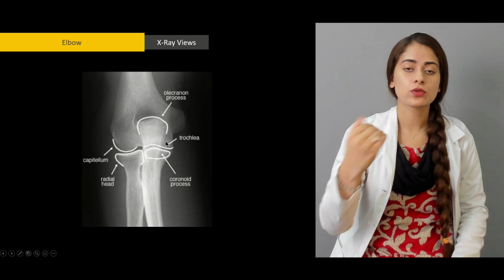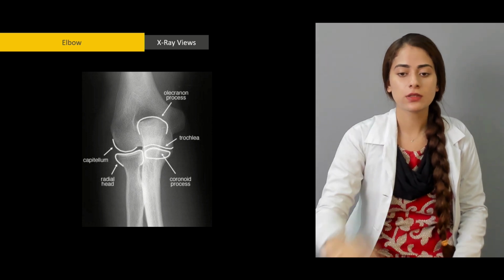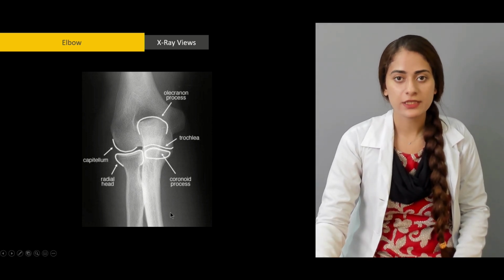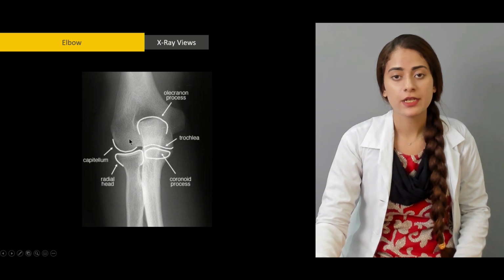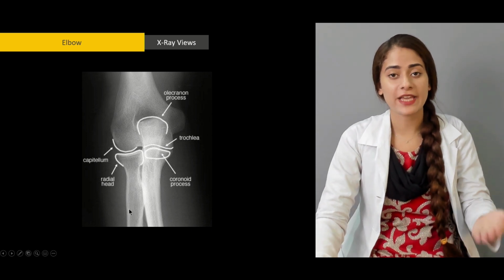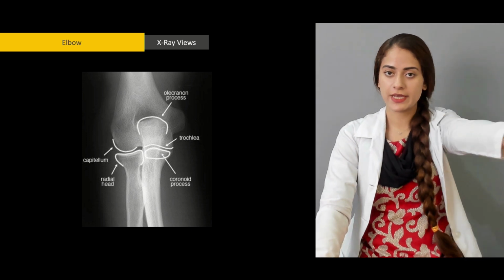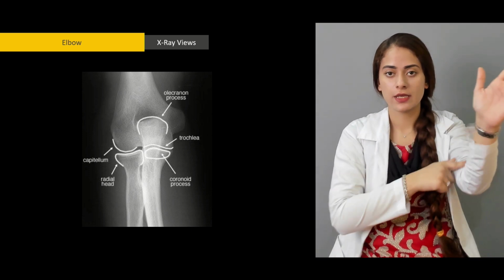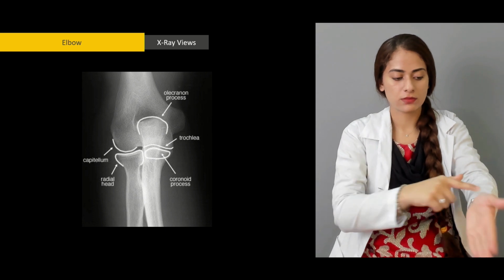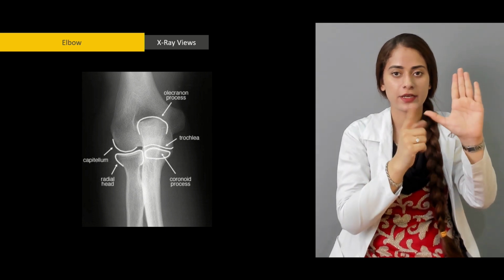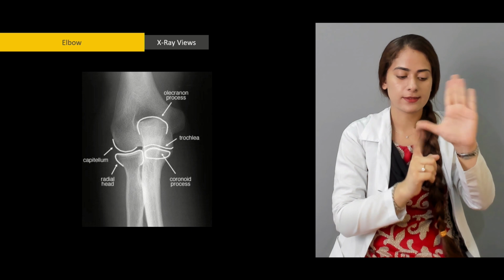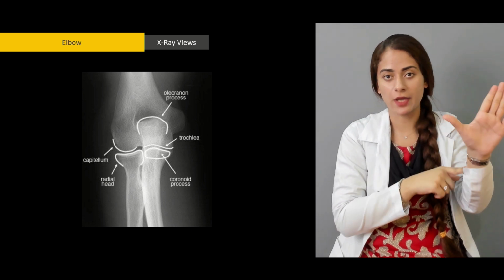The ulna is present medially, and the radius is present laterally when we are talking about the anatomical position of the hand, in which the thumb is pointing outward. People memorize it that the radius is towards the thumb of the hand.